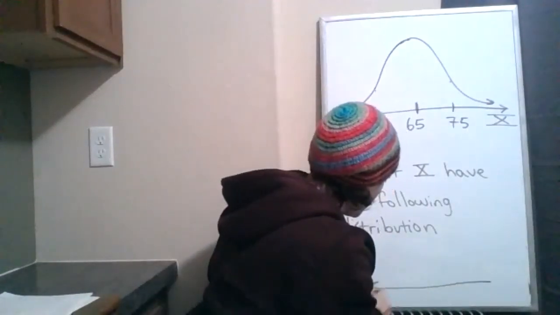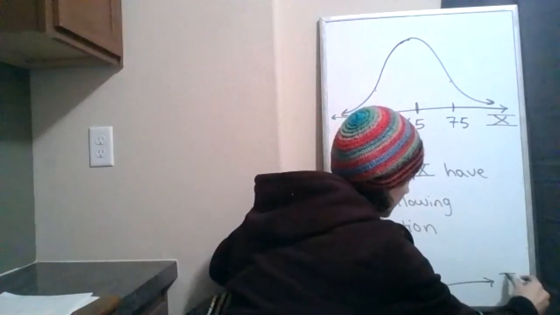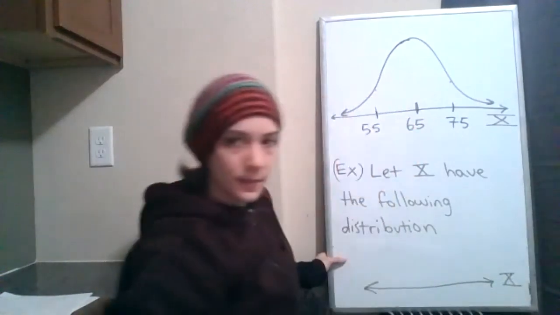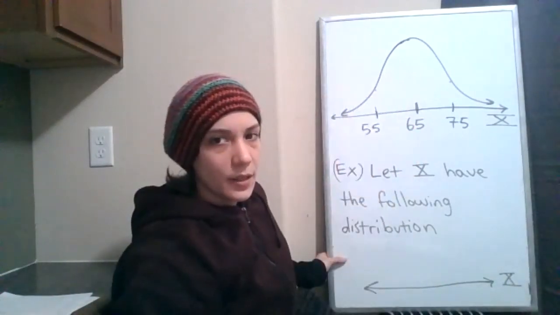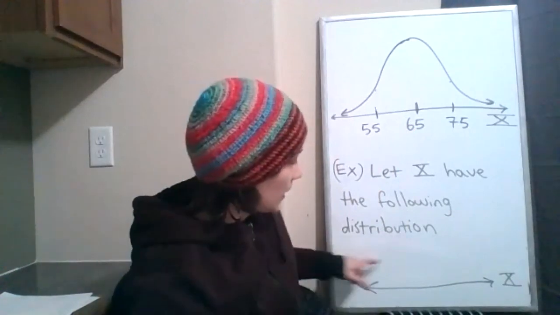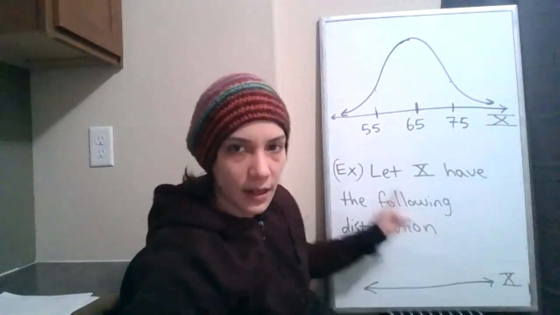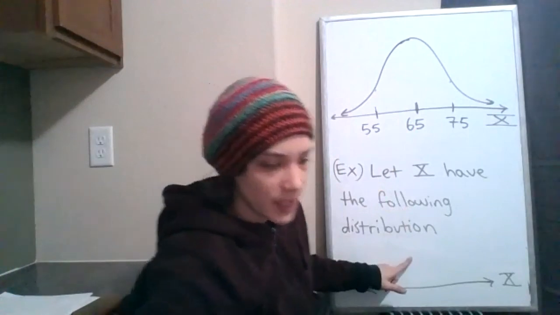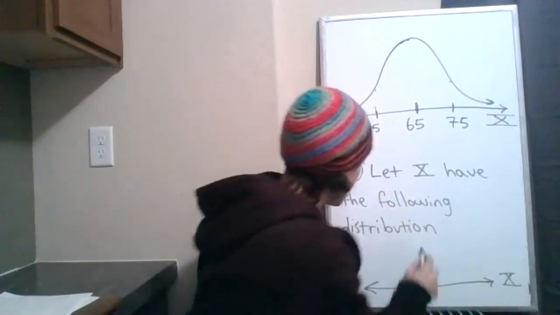Okay, so we've got a number line for x. The probabilities for x are going to be bell-shaped, and it's centered at 26.